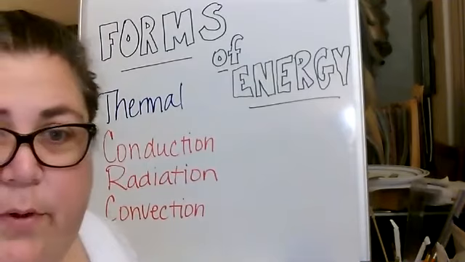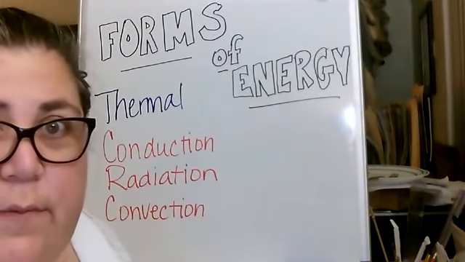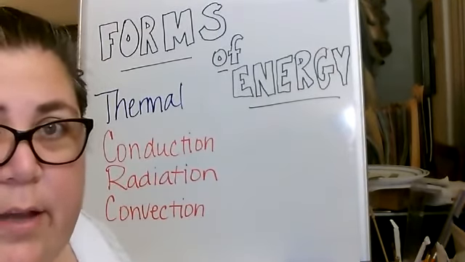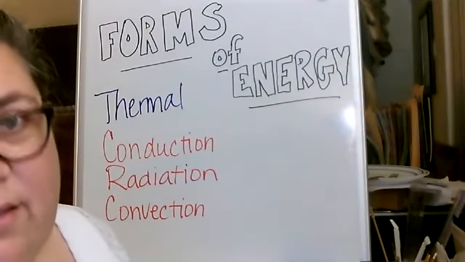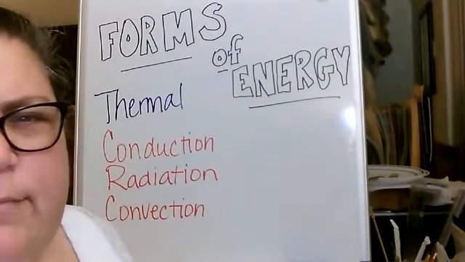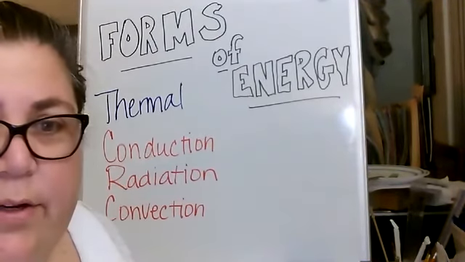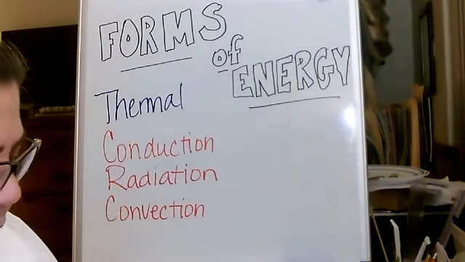And I want you to remember that you could probably do yourself a great deal of service by learning how to tell temperature using Celsius. It's time. We've got to get to the metrics, guys. It's just better. All right, so that's my overview of thermal energy, and I hope you learned something.